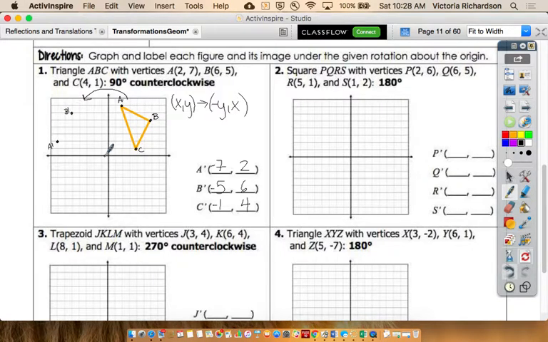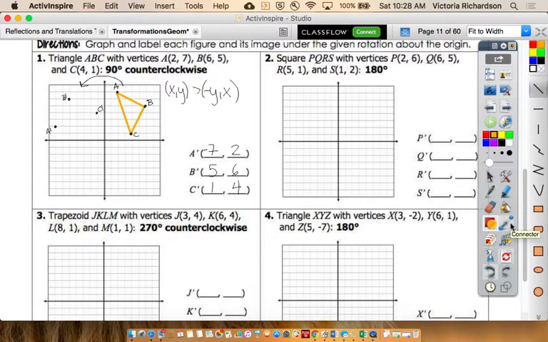And C is negative 1, positive 4, so this is C prime. And I connect my points. And this is my new picture.